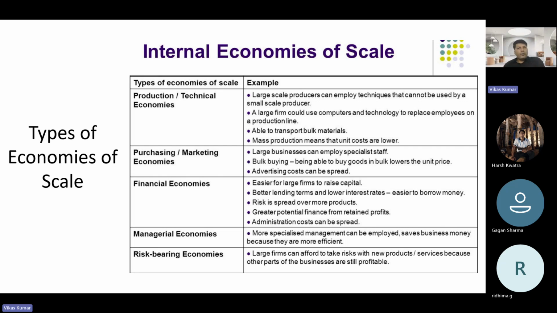Because you are already profitable, can raise money easily, have specialized technical capabilities and machines, and competent executives, your risk bearing capacity also increases. So large firms can afford to take risk with new products or services because other parts of the business are still profitable. These are all the internal economies.